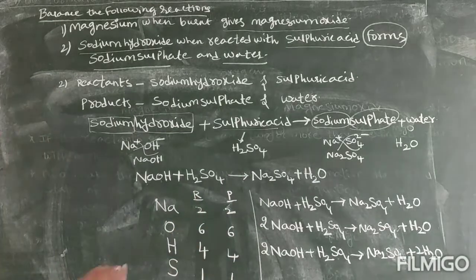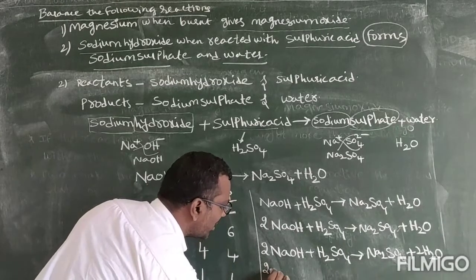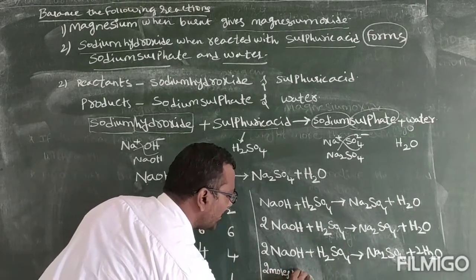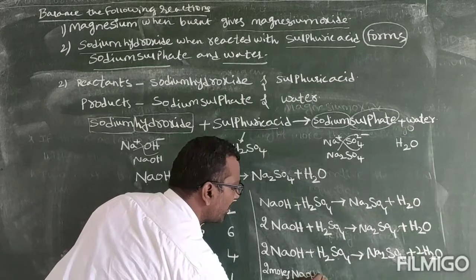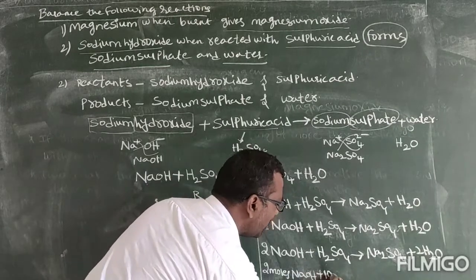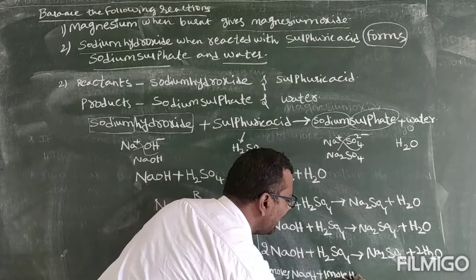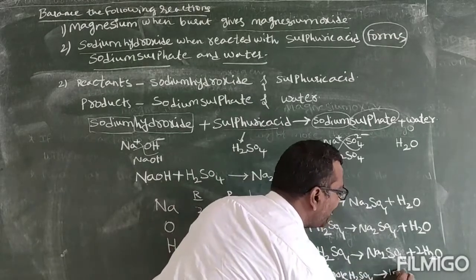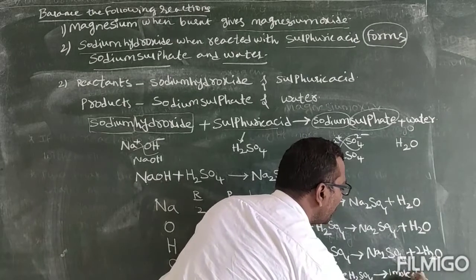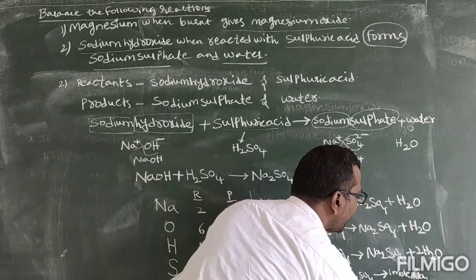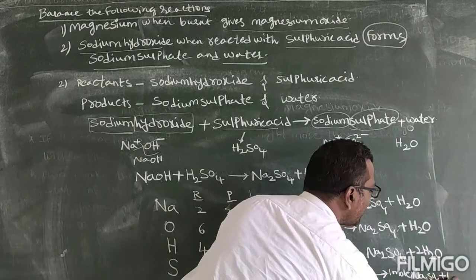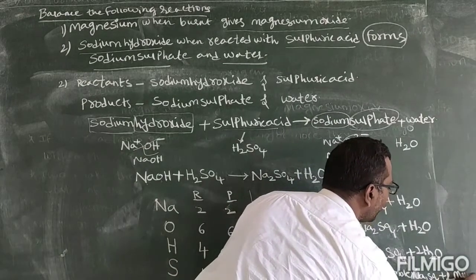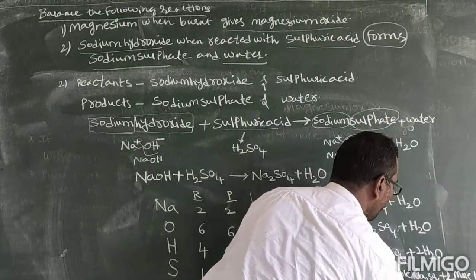Now how will I write this? 2 moles of NaOH plus 1 mole of sulfuric acid gives rise to 1 mole of Na2SO4 plus 2 moles of H2O.